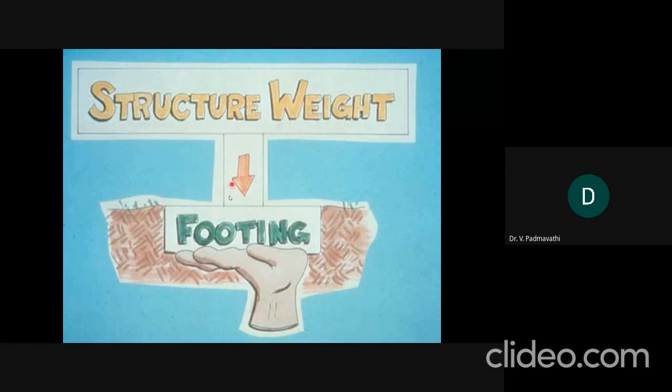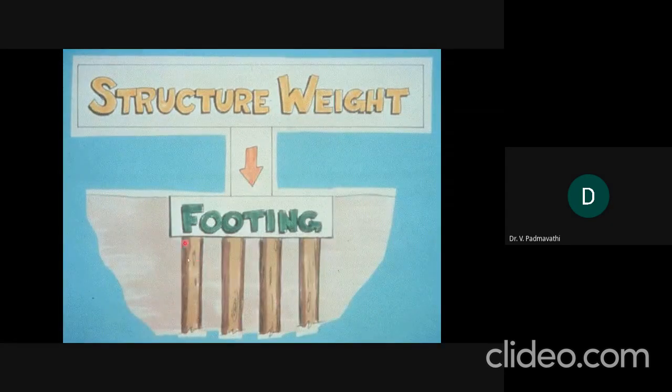This may be the column, and the footing may consist of some projection also, but this is a rough diagram. That's why the ground is shown here. So if a wide foundation or wide structure is present below the column, then it is said to be a shallow foundation. If the foundation is lengthy, that is, the length or depth of the foundation is more, then it is known as a deep foundation. We will discuss these things later.